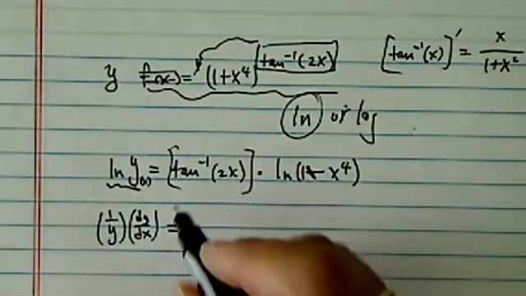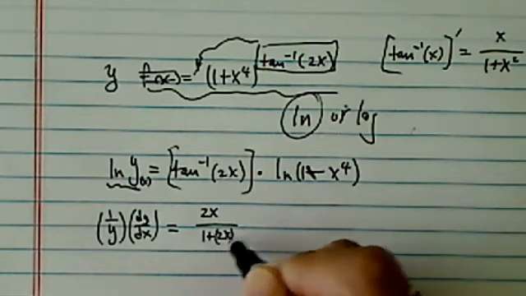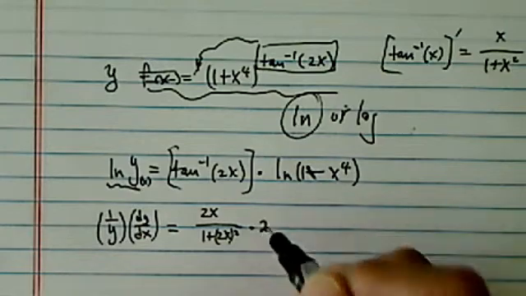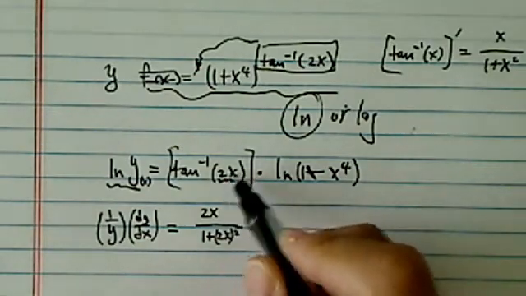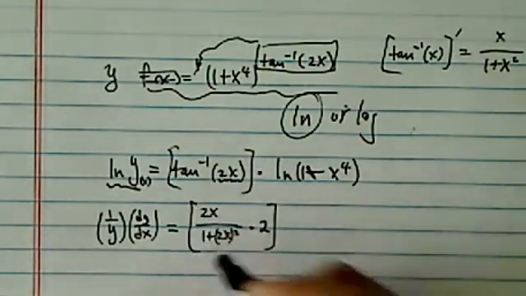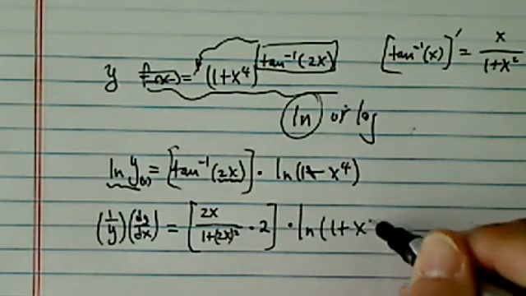Derivative of the first one, that's 2 over 1 plus 2x squared, and then I need a times 2 because this is my chain rule taking place. This one is a function of x. So the derivative of the first one times, leave the second one alone.